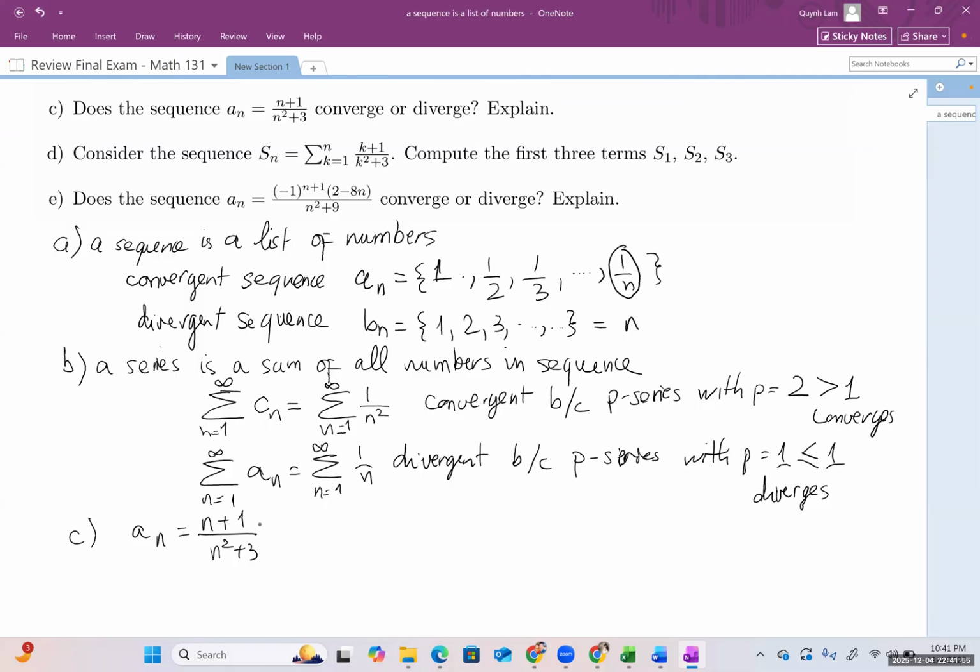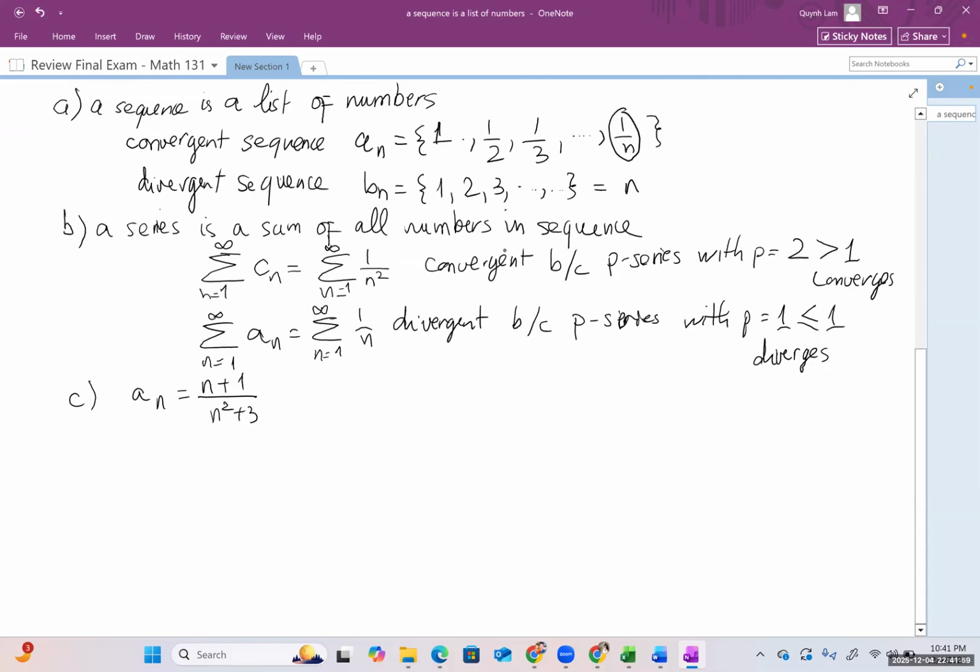Since this is a sequence, you just need to take the limit to know if it is convergent or divergent. Okay, so this is a sequence.